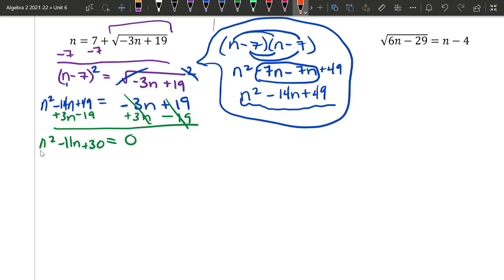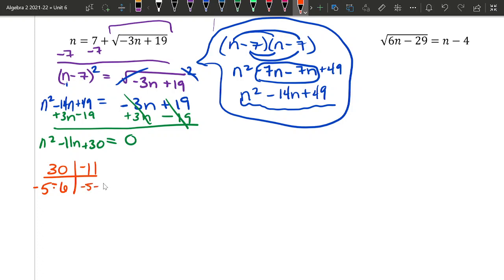So I'm going to factor. I need to multiply to 30 and add to negative 11. Now multiplying to a positive and adding to a negative, I know both of the values have to be negative. 5 times 6 is 30. So negative 5 times negative 6 is 30.